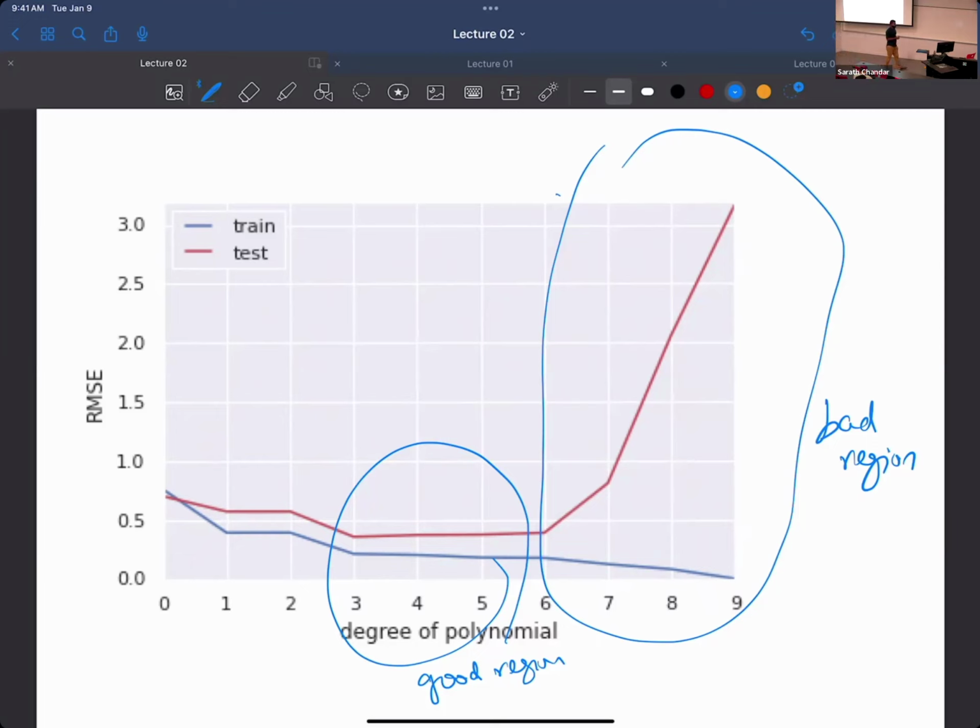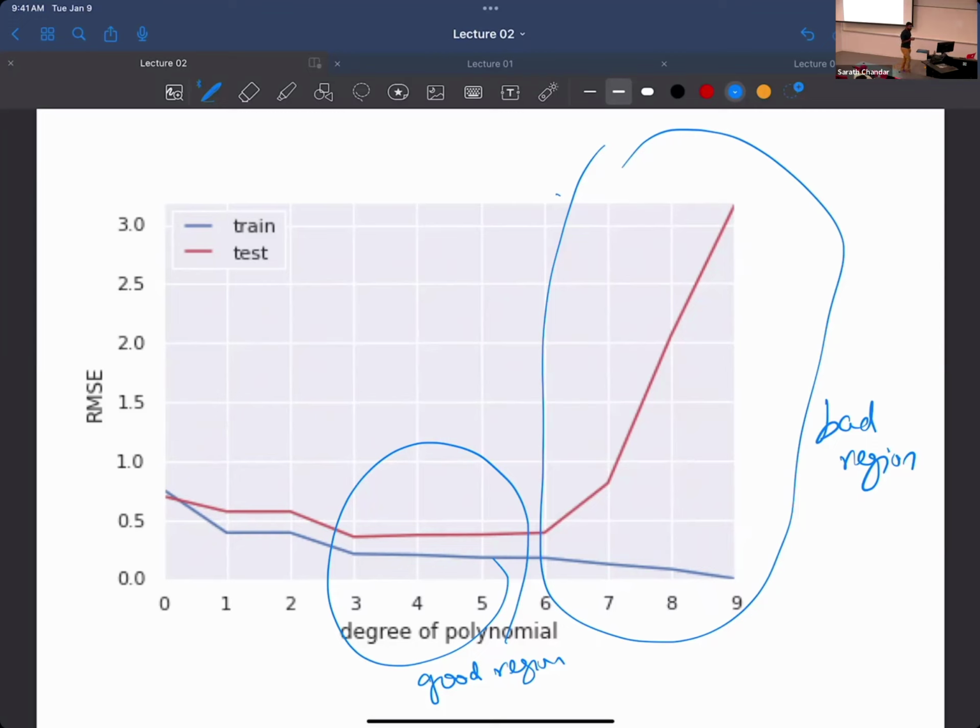Okay. Here's a deeper question to think about. It looks like degree 3 is better in this case, right? However, a 9-degree polynomial actually contains the 3-degree polynomial inside, right?